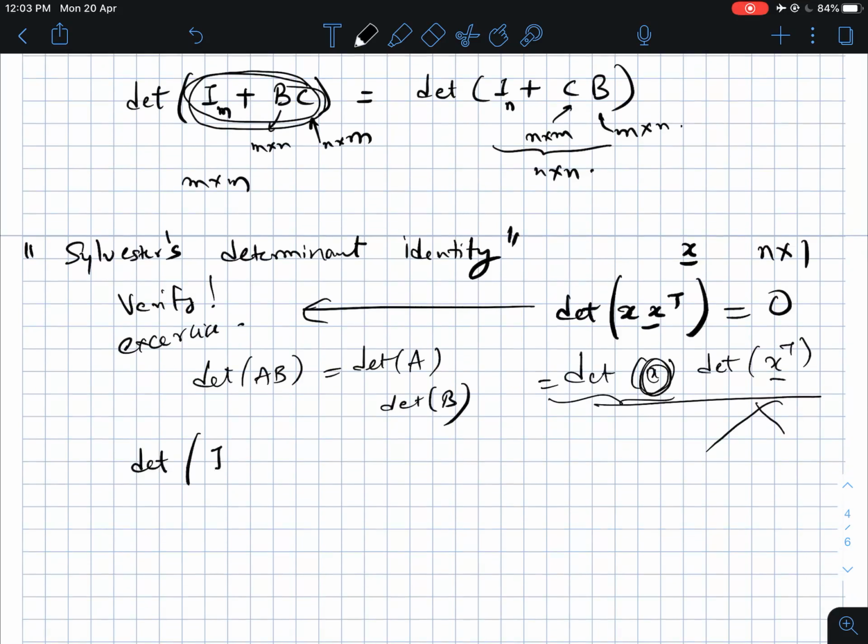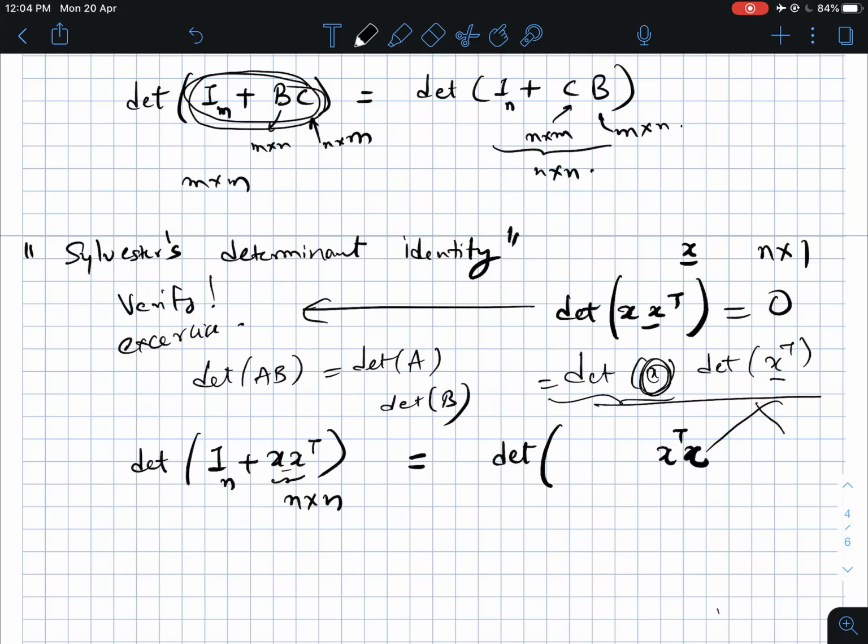Okay. Now, what is determinant of identity plus XX transpose? XX transpose is the outer product. It's an n cross n matrix, right? So here it's an n cross n identity that I'm adding. The determinant of identity plus XX transpose. By the Sylvester's determinant identity, this is the same as det of identity plus x transpose x.